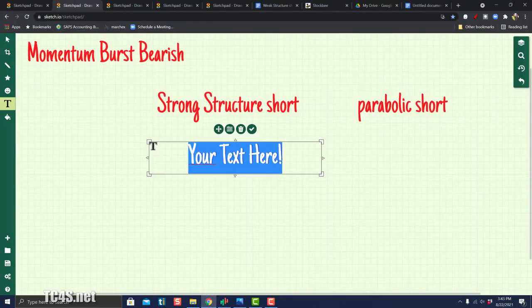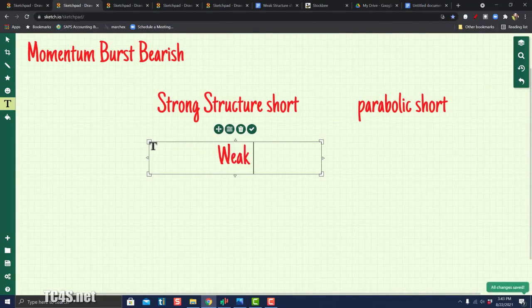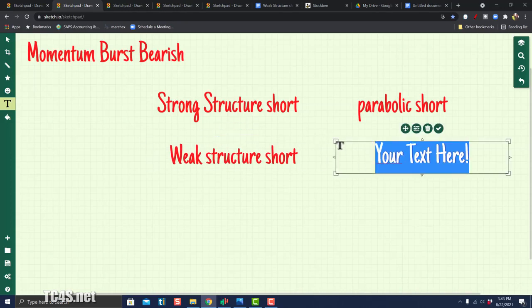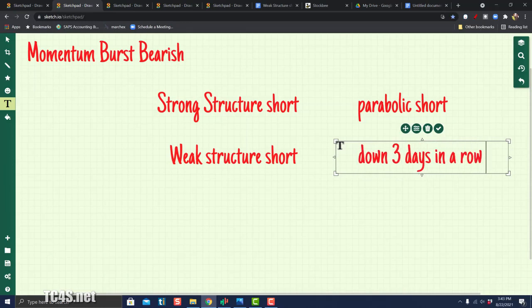The other thing which I look for is called weak structure short. In weak structure short, what I am looking for is a stock which was down. The stock should be down 3 days in a row. Okay.